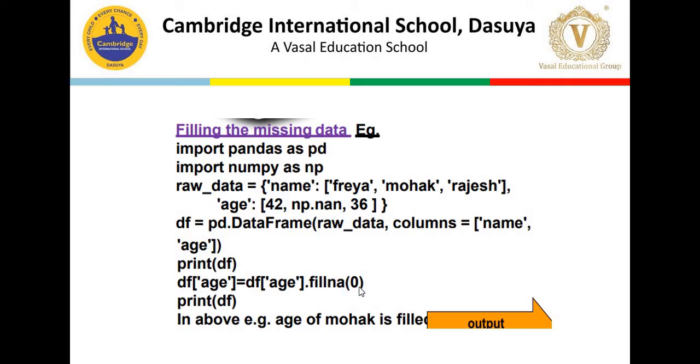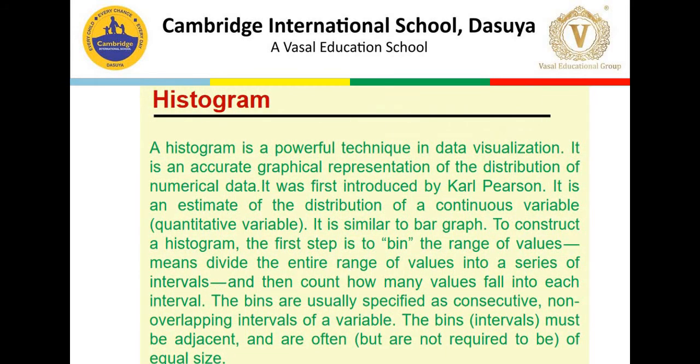Sometimes we have to apply certain operations, like performing calculations, so in that case we fill the not available value with zero. So this value will now get replaced with this zero value. So these are the operations under indexing and handling missing values.